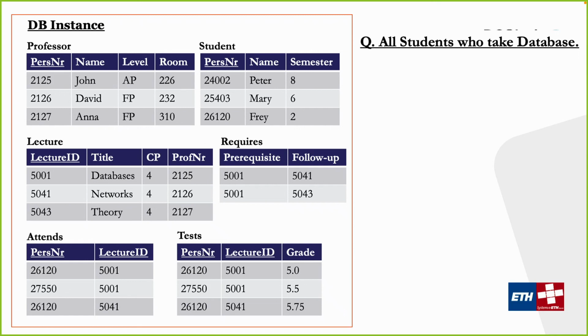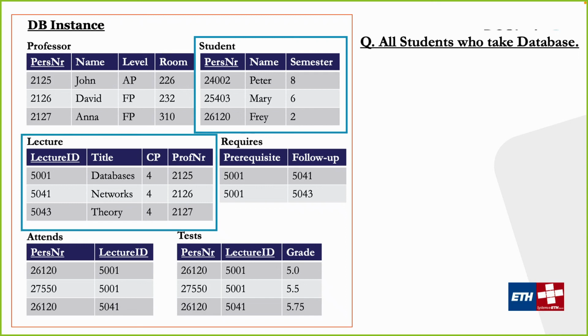Right? So in this case, we first define where we should get the information to answer this query. Clearly, we need information on students, from this relation. We need the information on the lecture. We also need the information on which student takes which lecture, right? We are going to deal with these three different relations to answer this query.